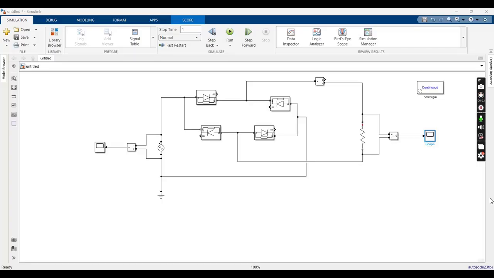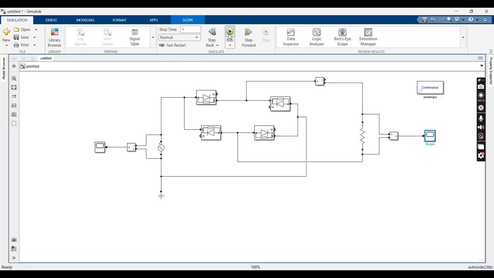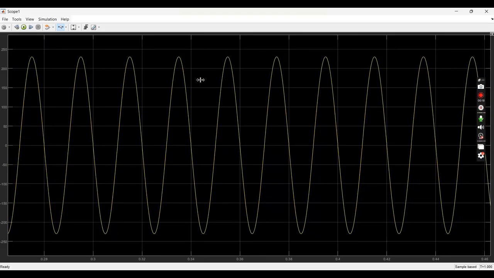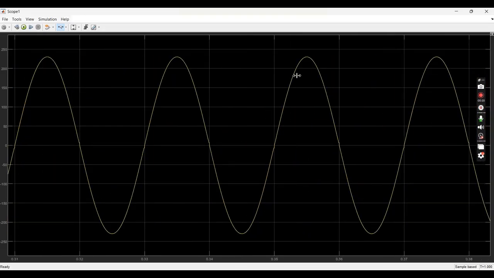After completing the modeling of the full-wave bridge rectifier, now run the Simulink. So the input is a pure AC sine waveform of 230 volts, 50 Hz.